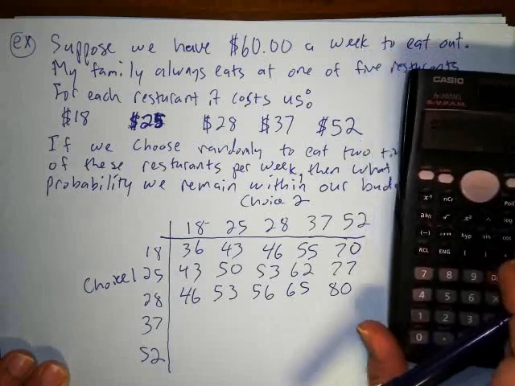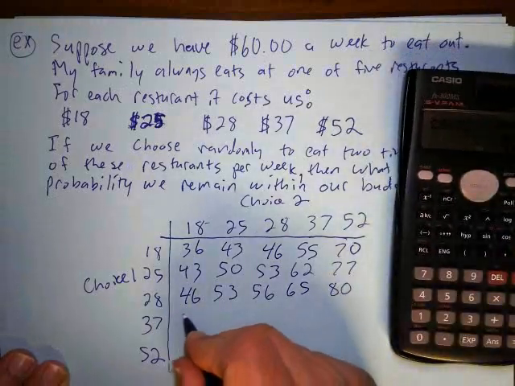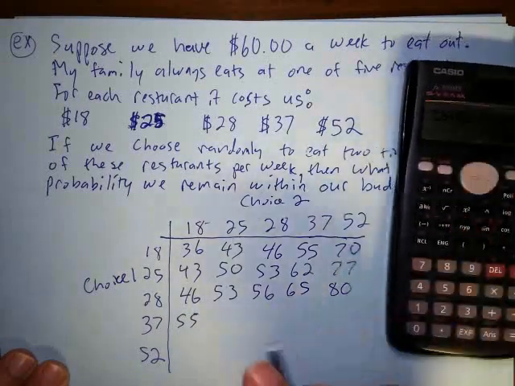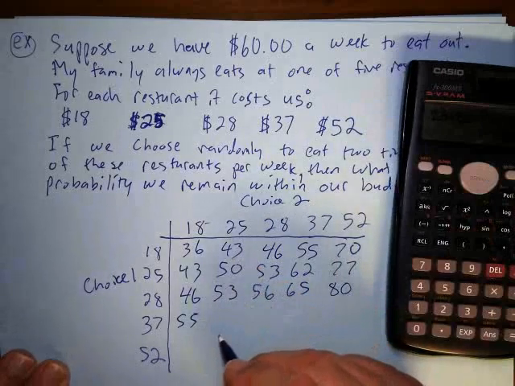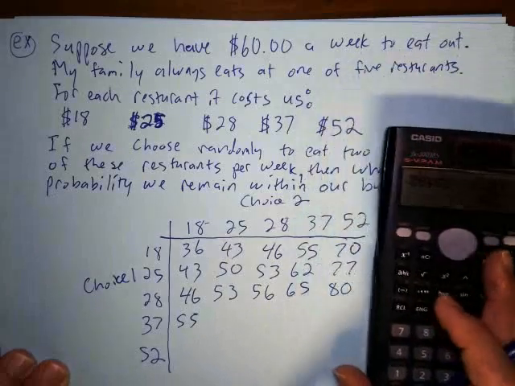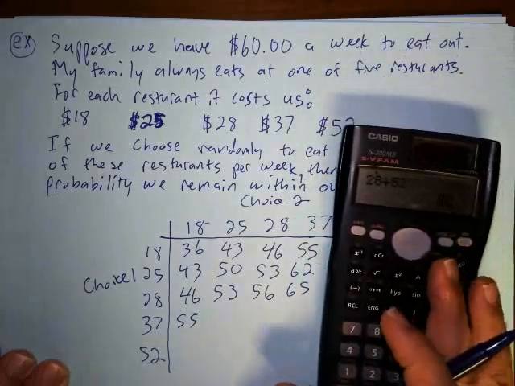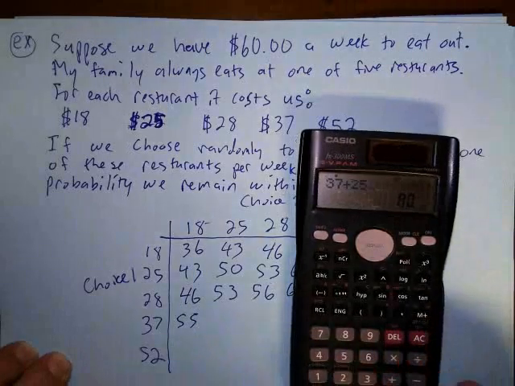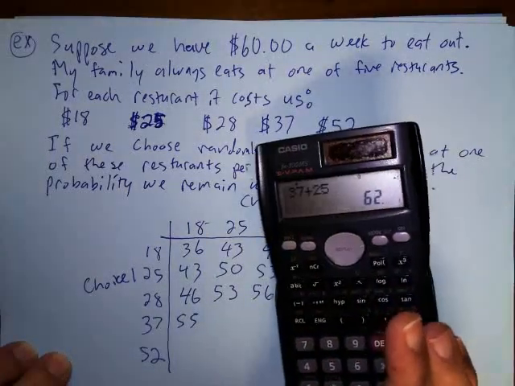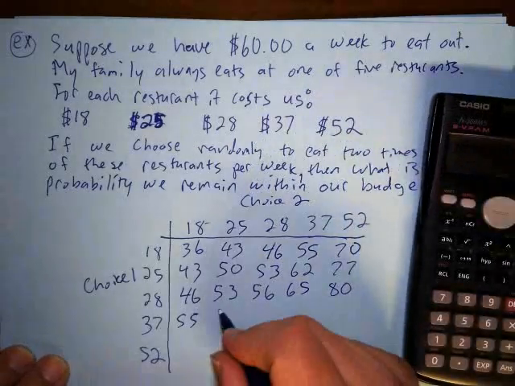Okay, so 37 and 18 is 55. 37 plus 25 is 62.